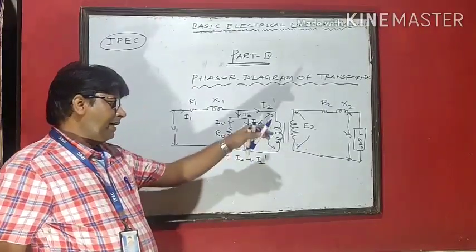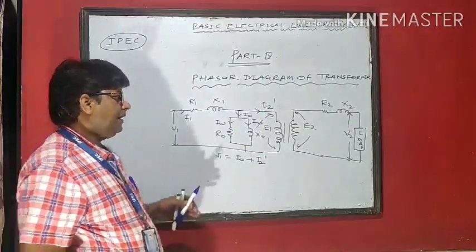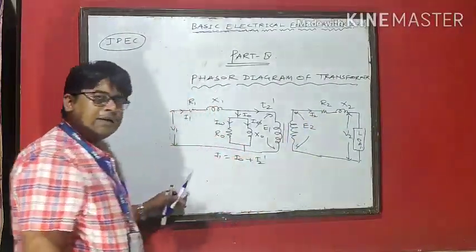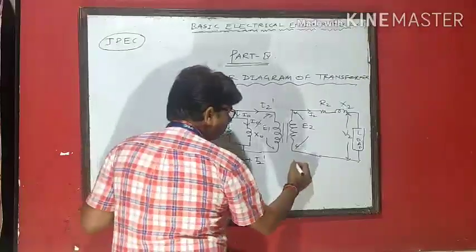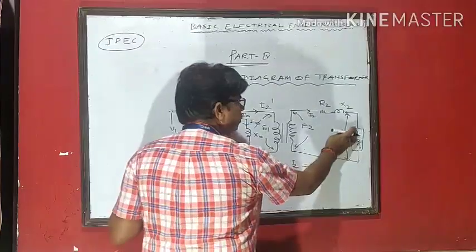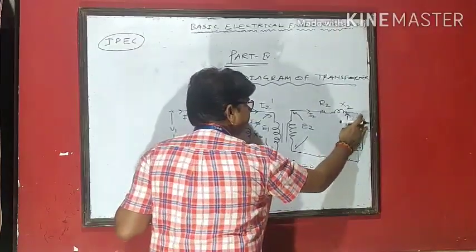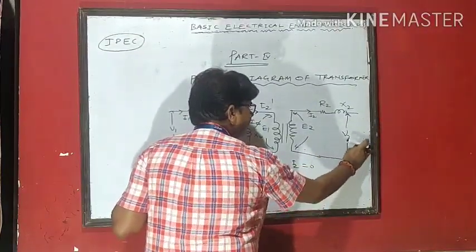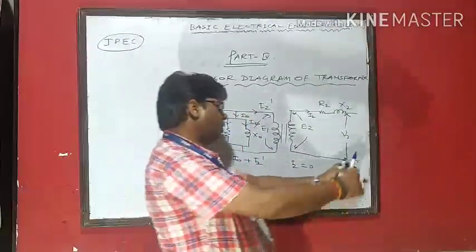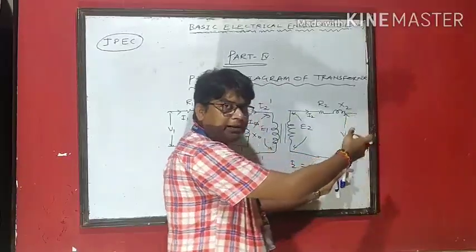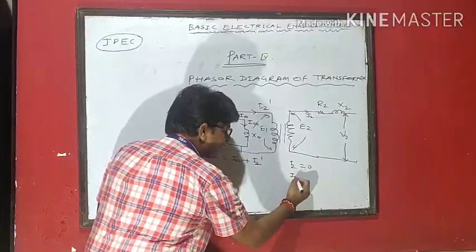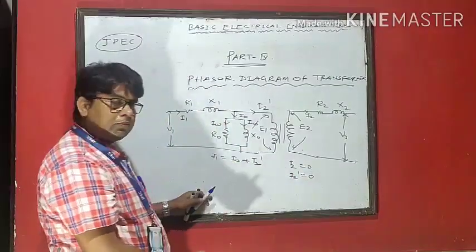Case first, if I2 equal to 0, that means no load, load is not connected. If load is not connected, I2 equal to 0, because this is an open circuit. So I2 equal to 0, that means I2 dash is also 0.